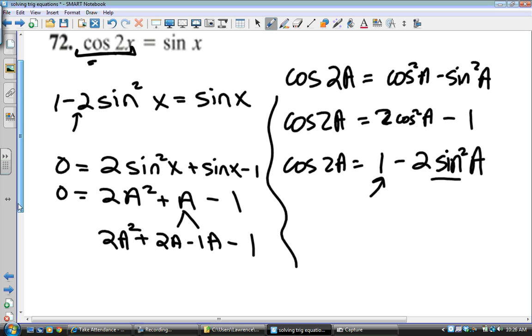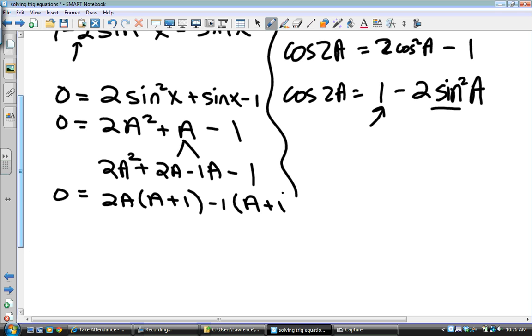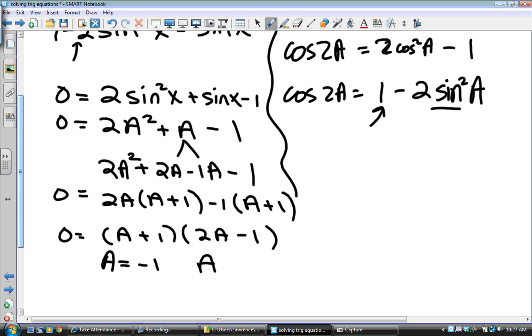Take out a 2a out of the first group: 2a times a plus 1. Then factor out a negative 1. That'll give you a plus 1. So we get a plus 1 times 2a minus 1. So a is negative 1 and 1/2.